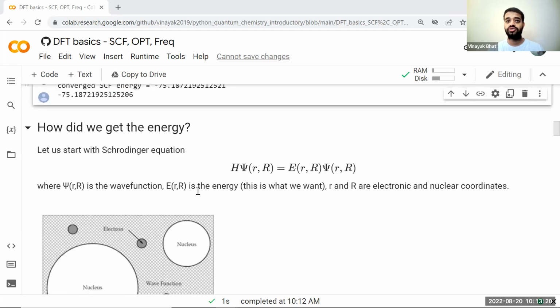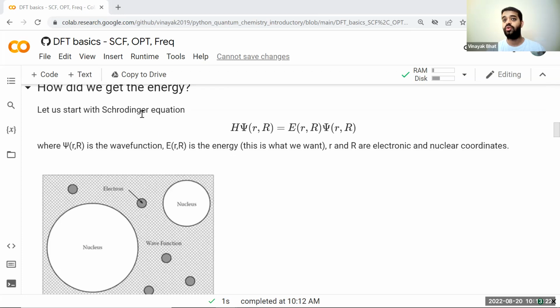Okay. So we start with the Schrodinger equation. This is a quantum mechanical equation proposed by Erwin Schrodinger back in the 1920s, and it looks like this: H psi is equal to E psi, and psi is the wave function, and it's something that describes where your electrons are.